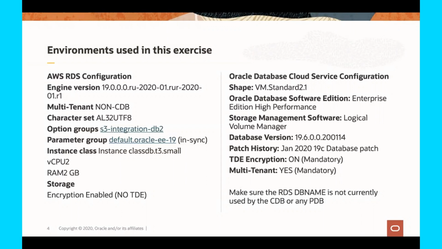And on the storage side, we had encryption enabled, which in this case for AWS means just storage encryption. It's not TDE. You can enable TDE on AWS if you want, but if you do that on RDS, it will be RDS managing the wallet.